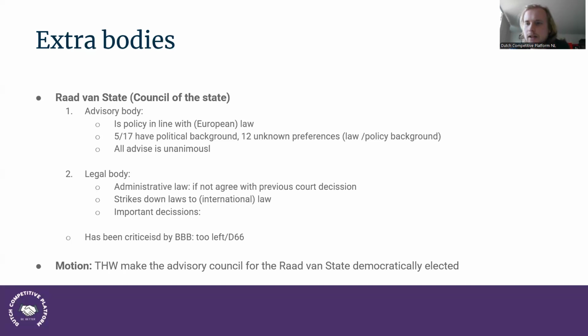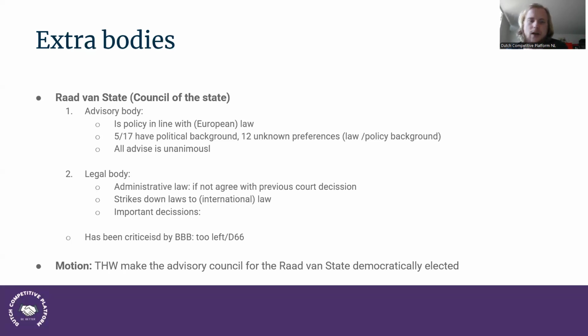Who then is right now in this body, just politically? 5 out of 17 of the council have a political background. These are people who used to be part of three parties: either the Labour Party, the Green Left Labour Party, or D66, which is now the biggest party in the Netherlands, or the SGP, which is the conservative party, which we'll talk about a bit later.